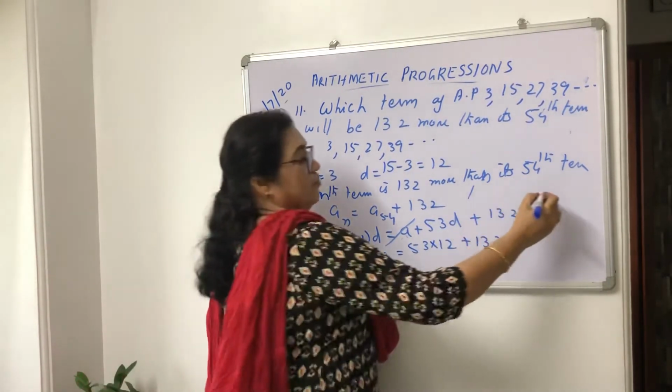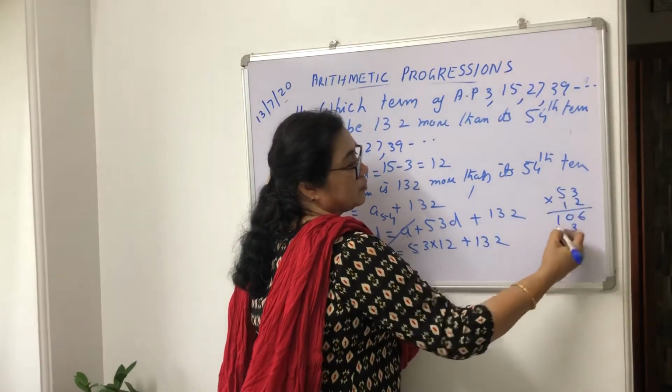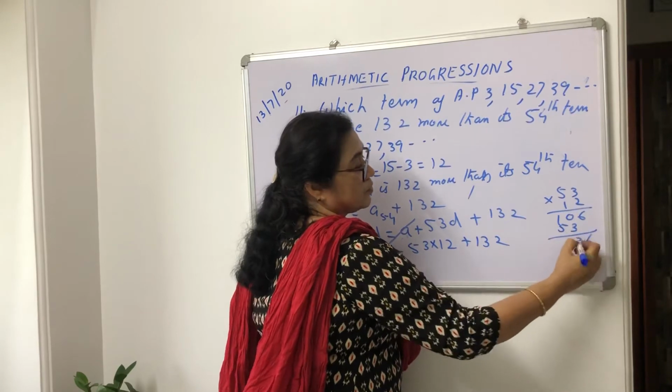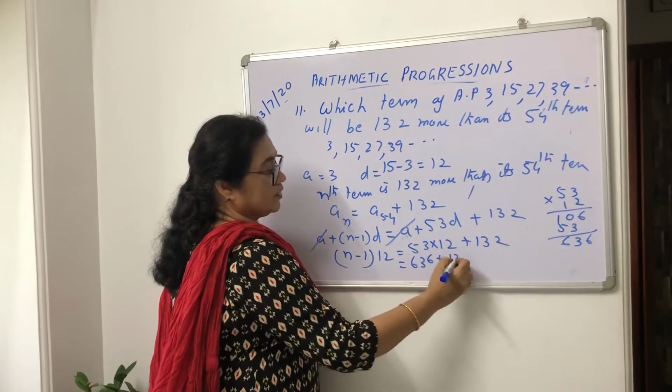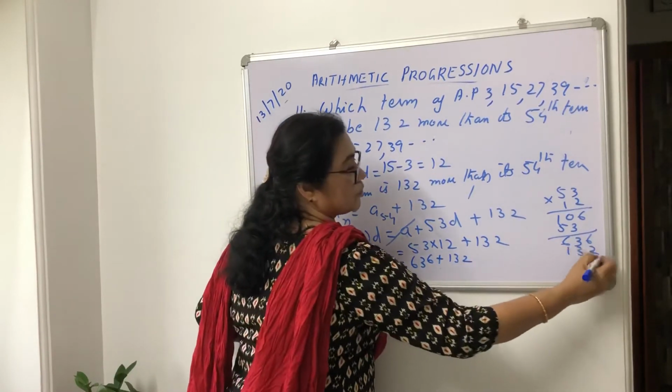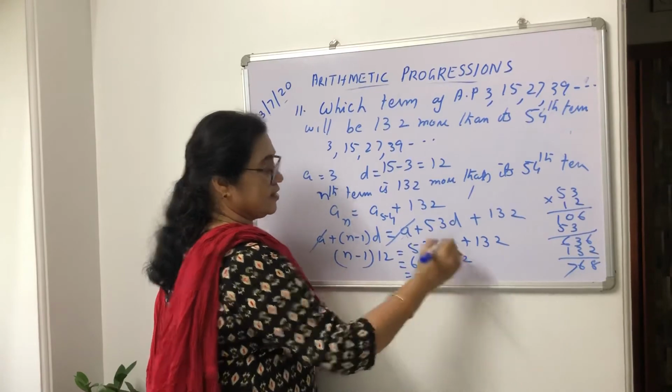That is 53 into 12, plus 132, which is 768.